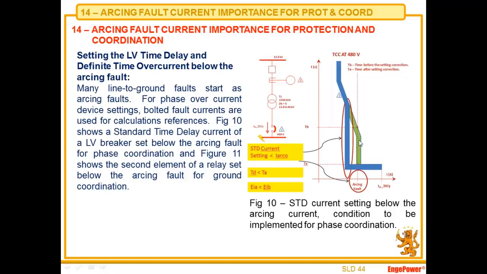So if I set the short time delay pickup below the arcing fault, independently if the fault is a bolted one or an arcing fault, it will clear the fault at the same time. So this technique will guarantee that the incident energy will be as low for the arcing fault as for the bolted fault.